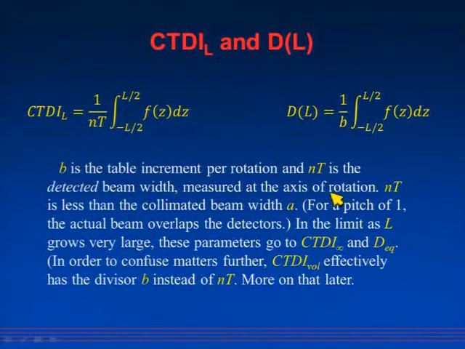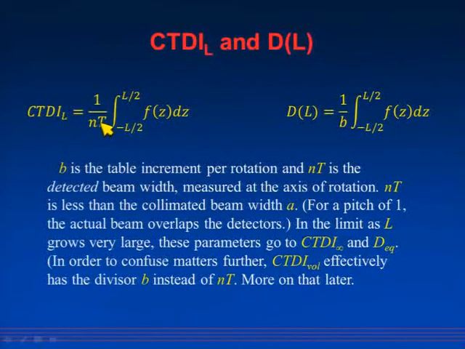Now, what's the difference between CTDI and D? CTDI divides by NT. So this is the dose divided by NT of the integral over a finite length of the dose profile. D is the same thing, except it divides by the table movement per increment B. This is not quite the dose, because this has to do with the detected beam width.